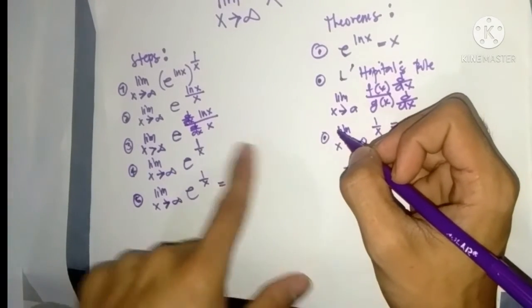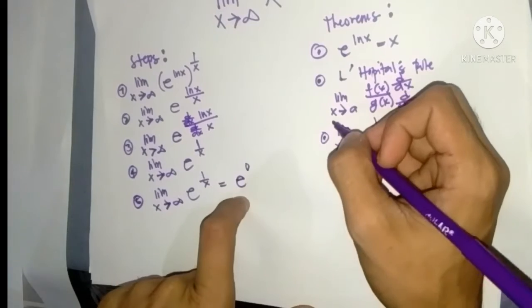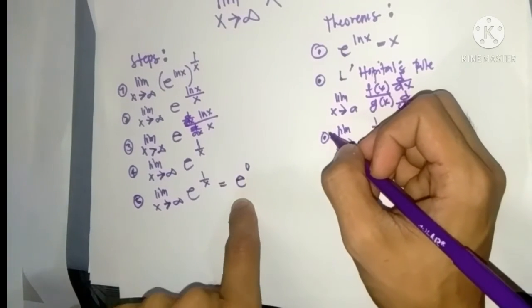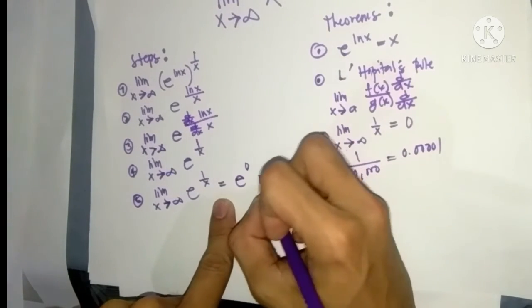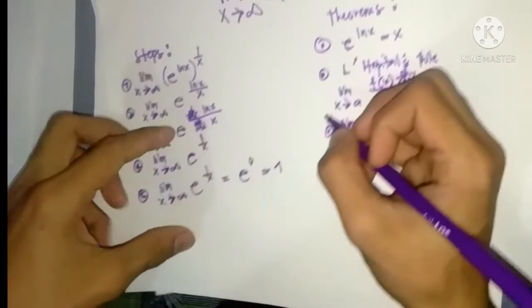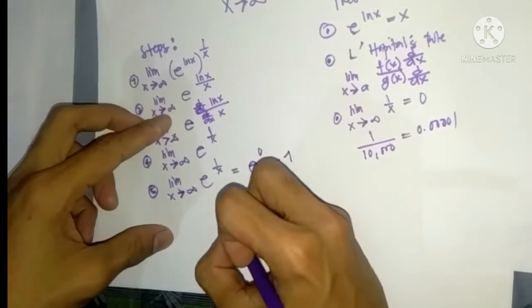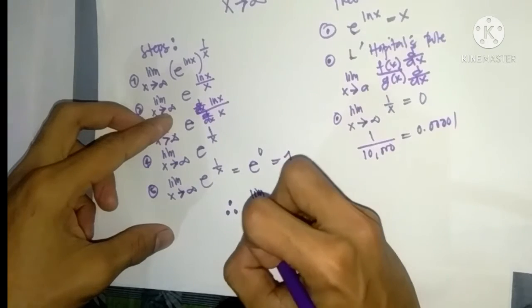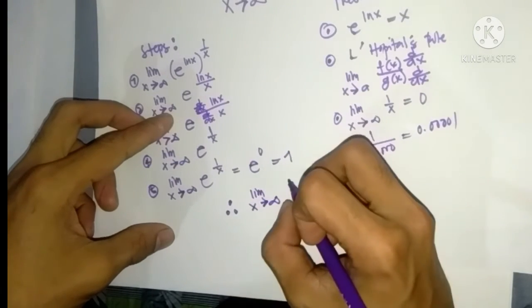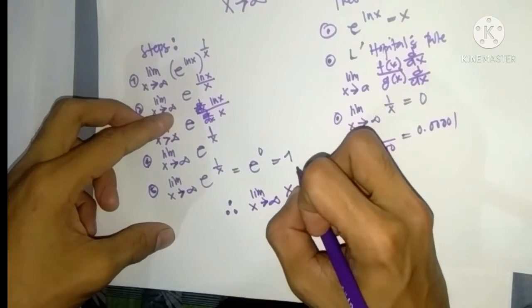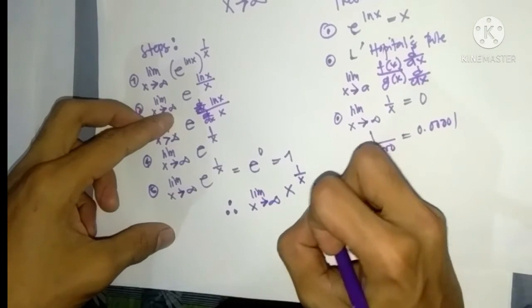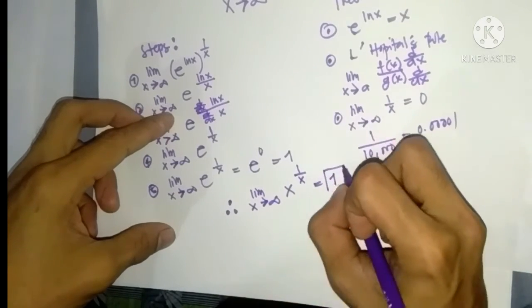So, any number or variable that is raised to 0 will always equal to 1. So, therefore, limit as x approaches infinity of x raised to 1 over x is equal to 1. So, that's it.